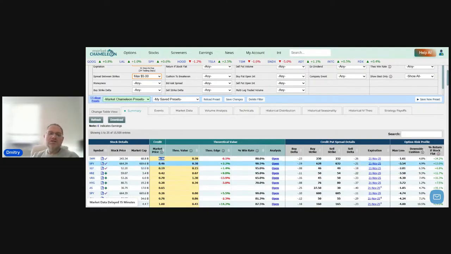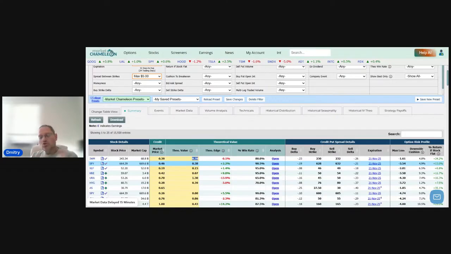In theory, if we looked at historical stock moves in IWM with similar conditions, our theoretical price is 39 cents. So we could see it's right there, on our theoretical price, based on using historical stock return distributions.